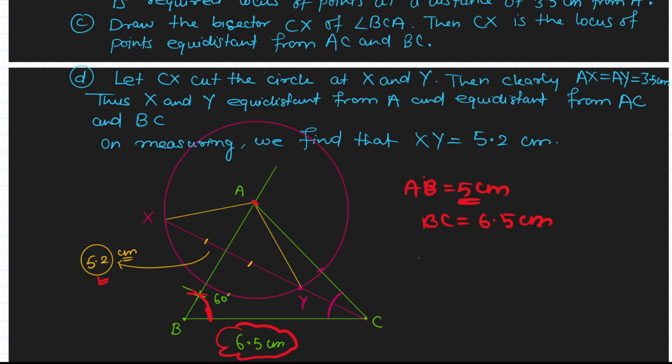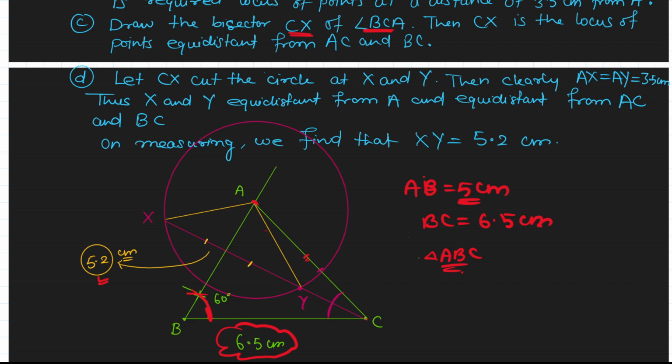Now join points A and C. Now we have the required triangle ABC, and by using the scale you can find the length of AC as well. Now you have to draw the bisector CX of angle BCA.